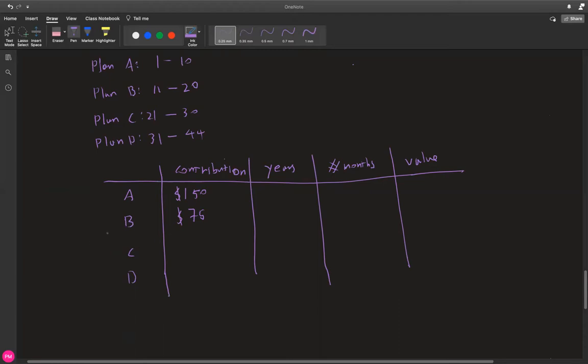So with 34 years, you're now making an additional $75 of contribution. And similarly, after another 10 years, you would have an additional $125 on top of what you're making here. And lastly, for plan D, you're making an additional 150. So I hope that made sense. This contribution amount only reflects the difference between A and B, B and C, and C and D. So this is the increased amount.